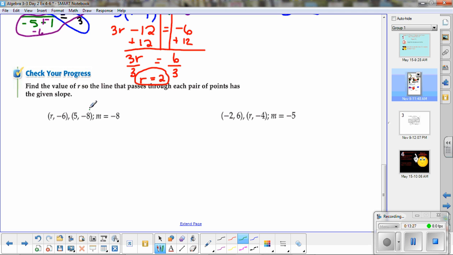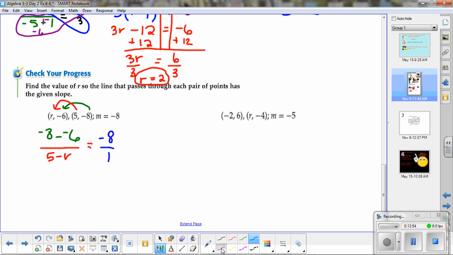All right, let's go ahead and do y2 minus y1, negative 8 minus negative 6 over 5 minus r. And this time it's going to equal negative 8. And if you'd like, you could write the negative 8 as a fraction by putting it over 1.